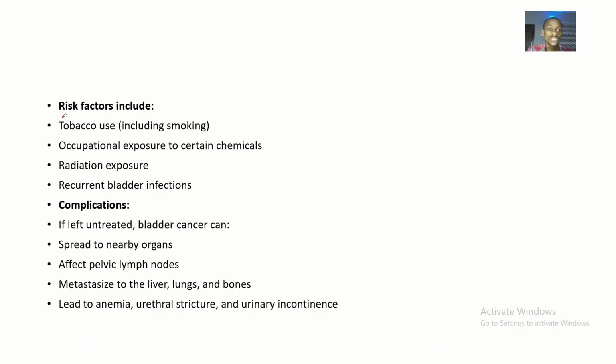So now, what are the risk factors? Risk factors are basically the type of lifestyle that, if you engage in it, makes you more prone to bladder cancer. First of all, tobacco users: people who smoke are more prone to bladder cancer. Then occupational exposure to certain chemicals.